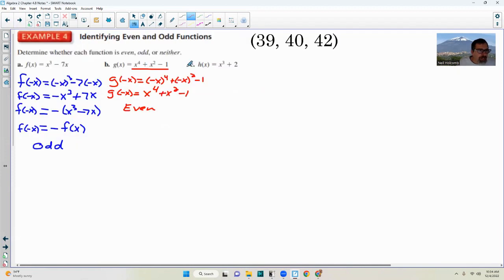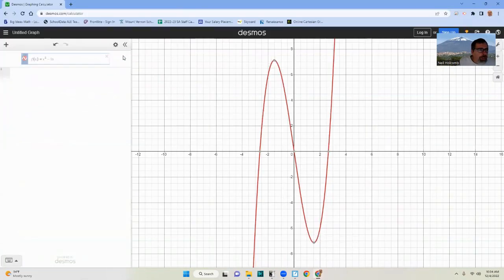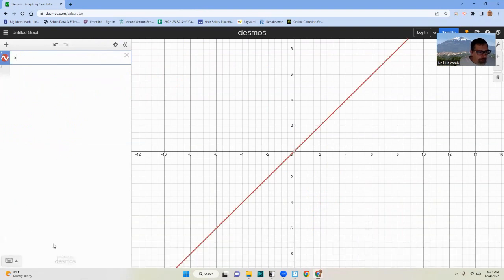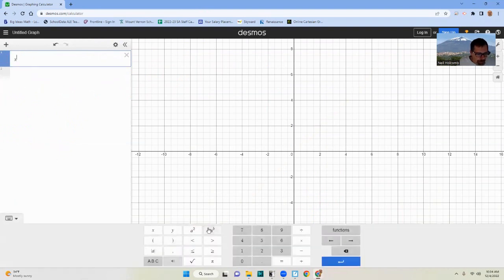So now let's go graph this. X to the fourth plus x squared minus 1 in Desmos. So I'm going to clear this. X to the fourth plus x squared minus 1. So as you can see, this is symmetric about the y-axis.